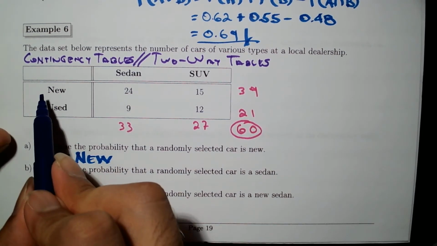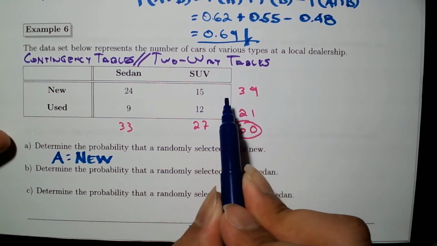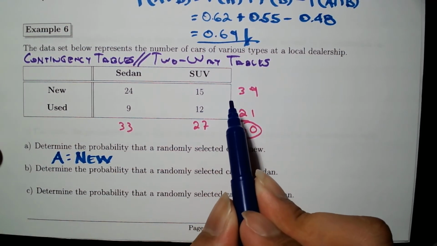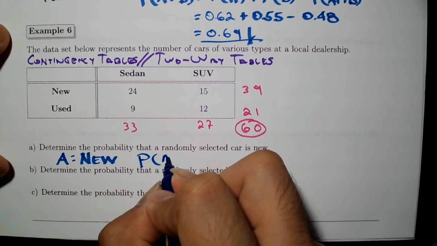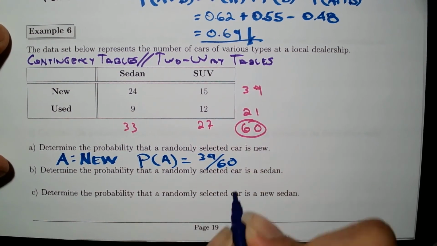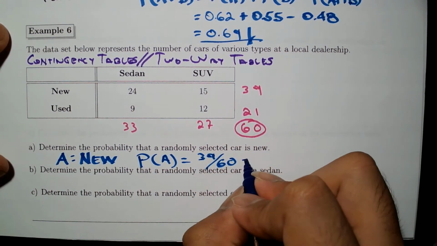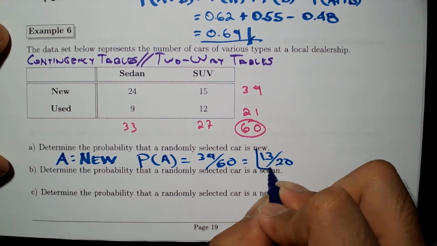So I'm going to the total number of successes, which is the number of total new cars. That is P of A equals 39 divided by 60, which reduces to 13 over 20.